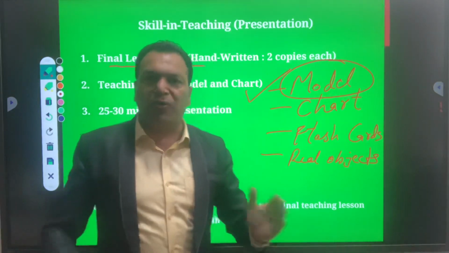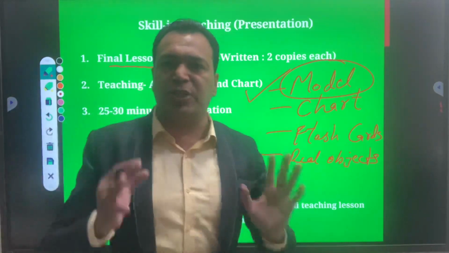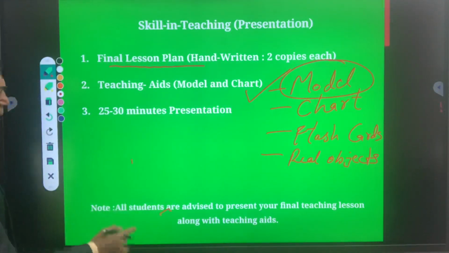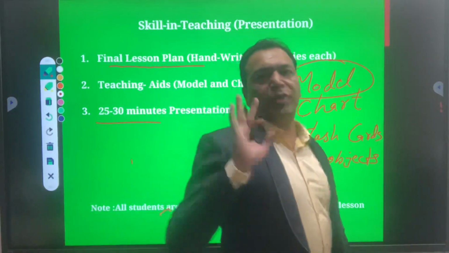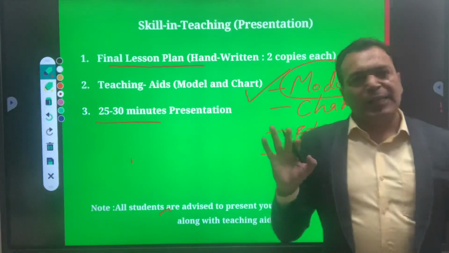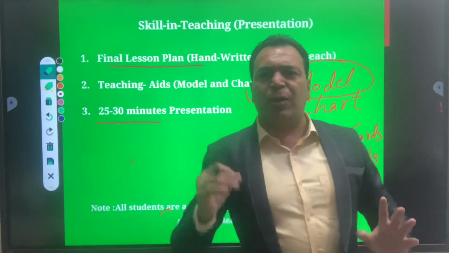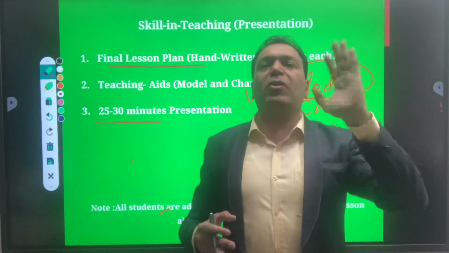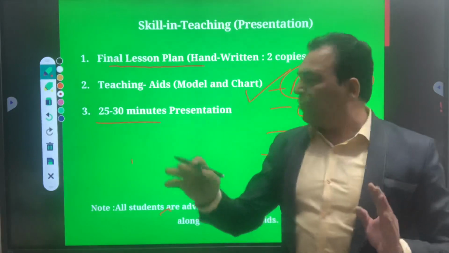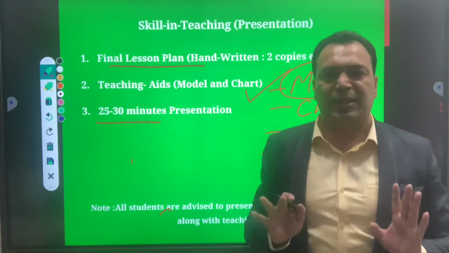This is the method of displaying the model in front of the students, okay? And your lecture should be of, you have to prepare 25 to 30 minutes, okay guys? So it depends upon the examiner whether he checks for 10 minutes, 15 minutes, even for the 5 minutes. But guys, you have to prepare at least 25 to 30 minutes.